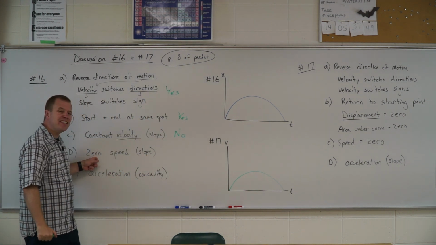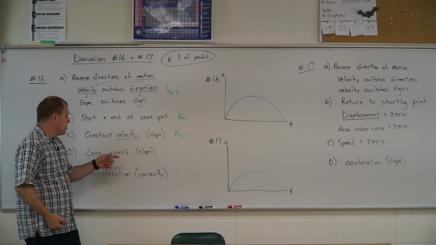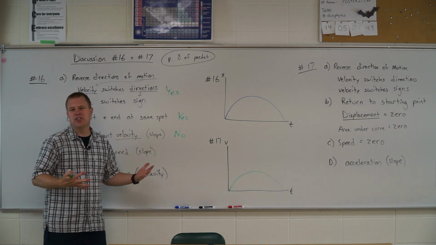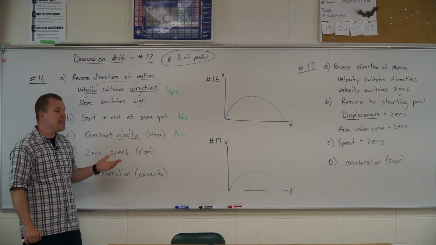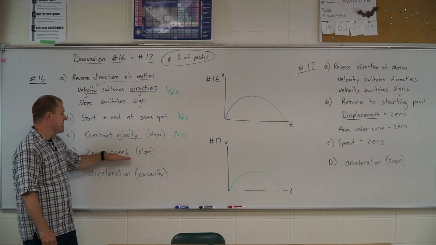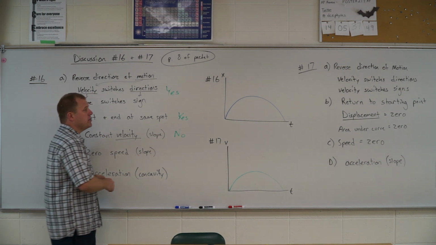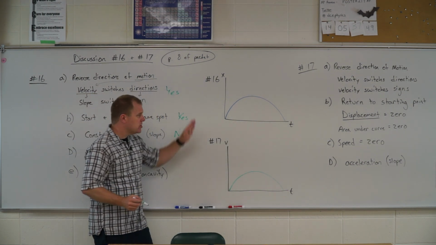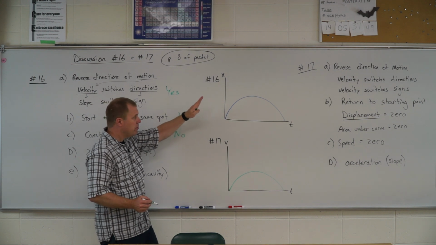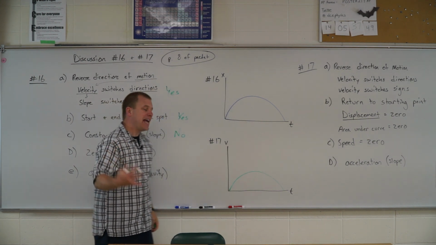Then it asks me, does the speed ever reach 0? So speed is just asking me how steep it is. It doesn't care if it's a positive or a negative, it just cares about how steep it is. So is its steepness ever 0? Is the slope ever 0? Yes, for one small point right there at the top, when it switches from a positive slope to a negative slope, it's got to go through 0.